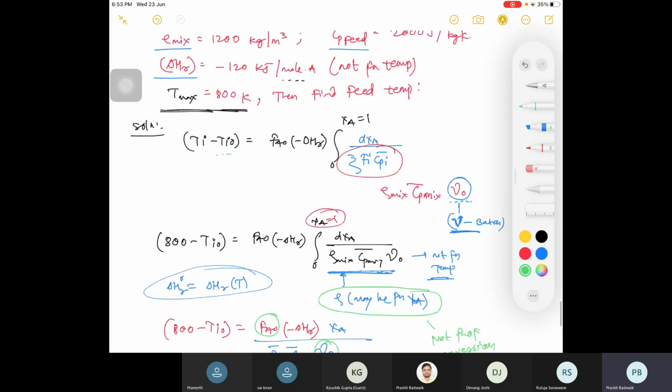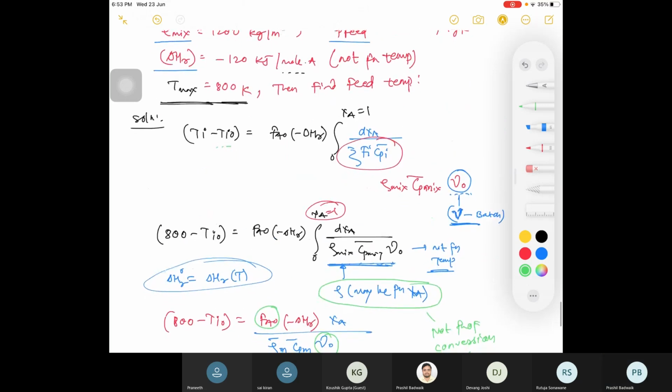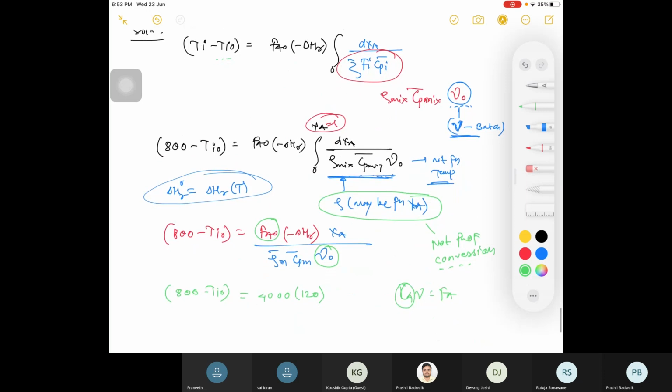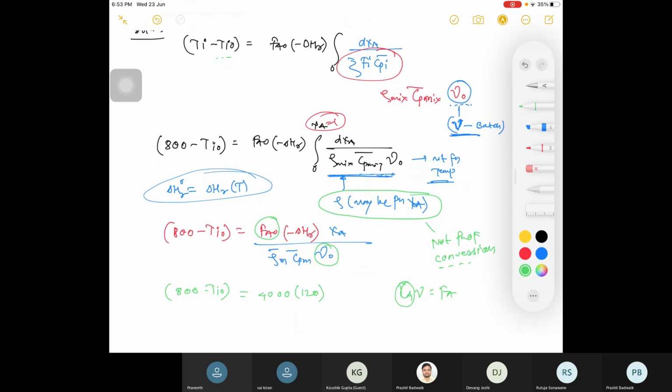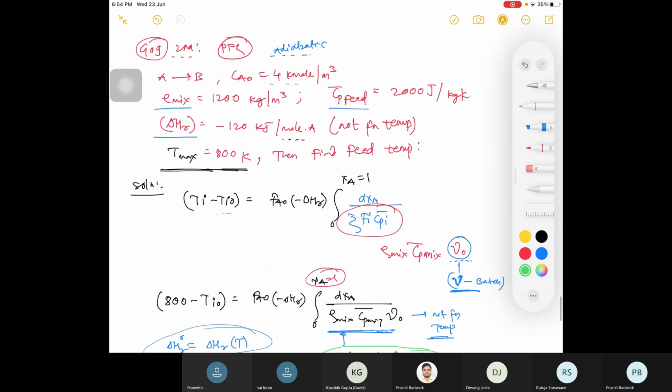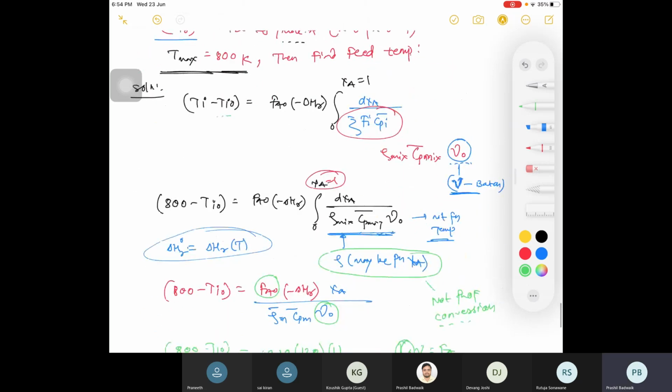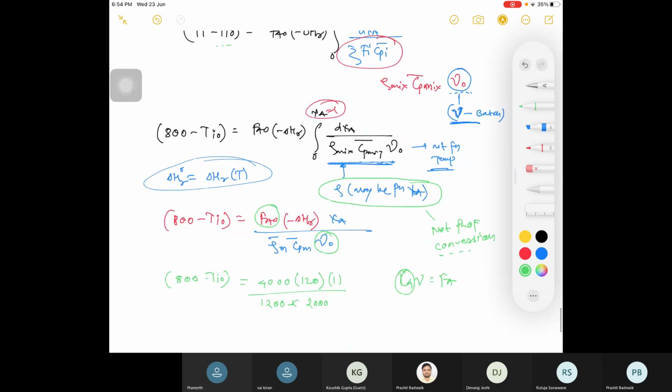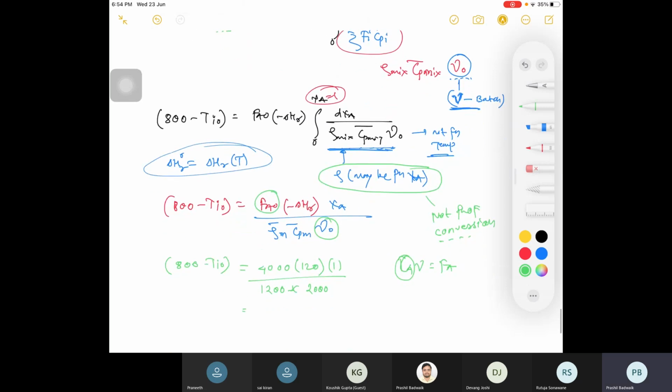Minus delta HR reaction is 120. X is your 1. Density of mixture is given 1200 into this is your 2000. 1200, 2000, and then okay, it is fine.